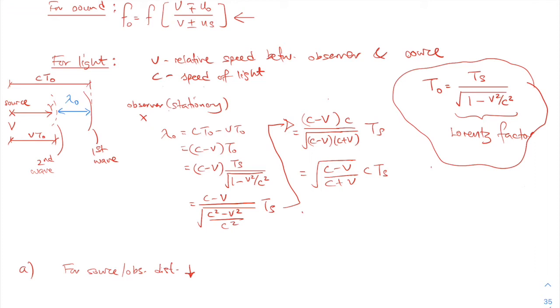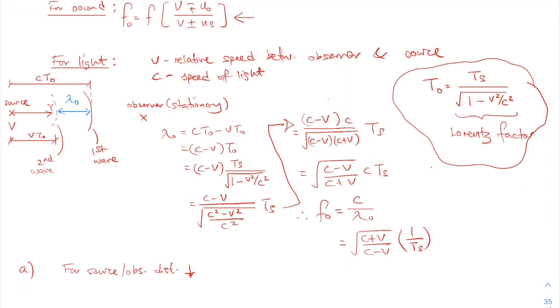So what about the observed frequency? It is equal to the speed of light divided by the observed wavelength, and that should give me c divided by c, can cancel, so I will get square root of c plus v over c minus v times 1 over ts.